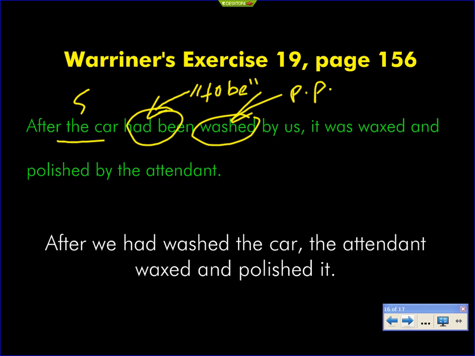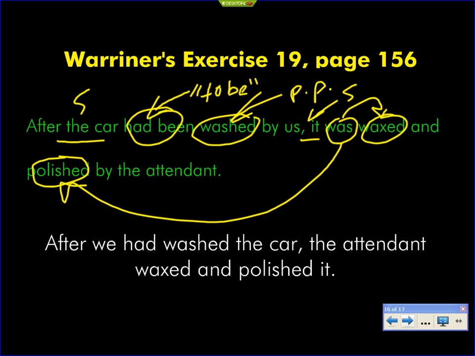This subject, car, is being washed. It is not doing the washing. Secondly, here's my subject, it, and was waxed, once again, two-part verb, and polished. It's actually a compound verb, so you have was that carries over to waxed, was that carries over to polished. So what you want to do, once again, is try to revise this.